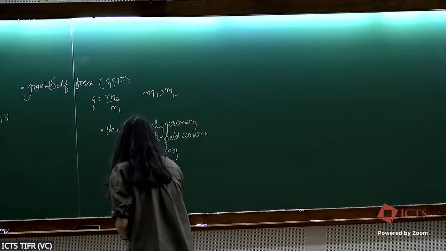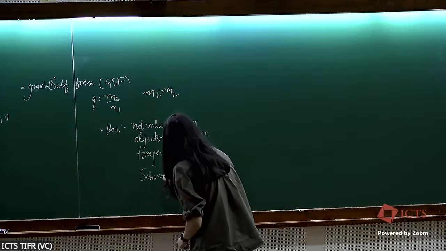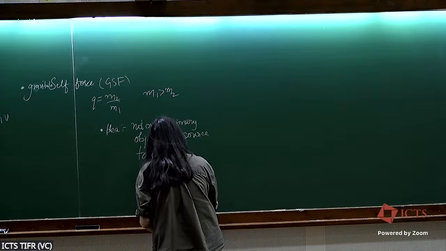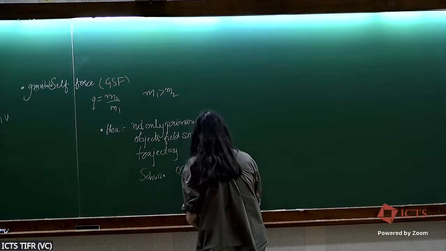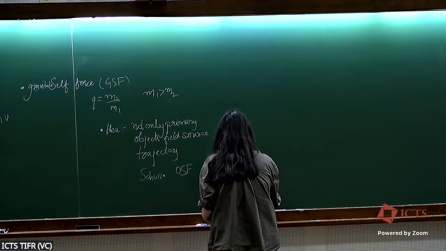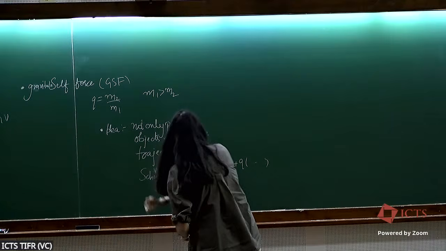So one can say that the Schwarzschild result is the leading order or the zero self-force result, such that there would be something plus a Q correction, and this something is zero self-force or the Schwarzschild result.